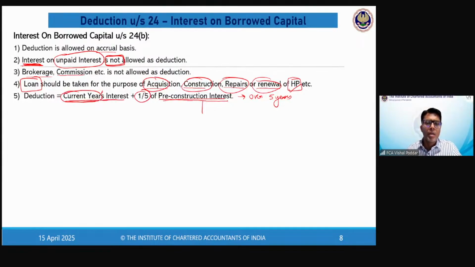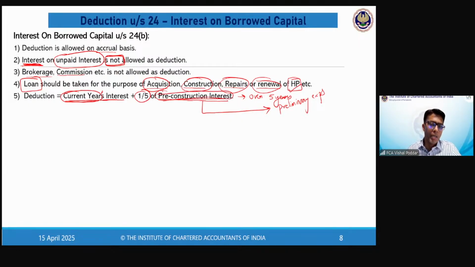For the time being, remember how in your accounts you have something called preliminary expenses, that is expenses incurred before commencement of business. Similarly here, expenses incurred for the construction of house, but before the house is ready, that is, still the house is under construction stage, that period's interest is called pre-construction.